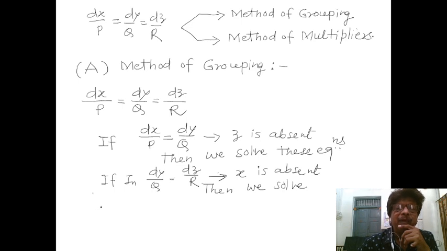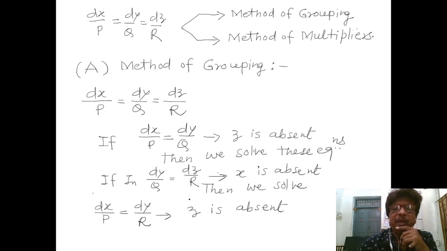And lastly, in dx upon capital P equal to dz upon capital R, if the third variable y is absent, if you see y is not there in the terms, then we solve this pair, this group.